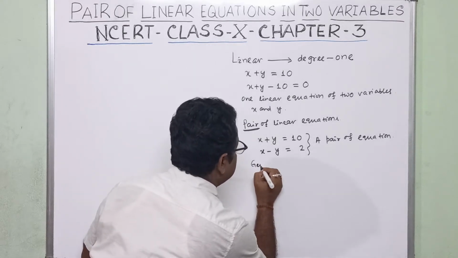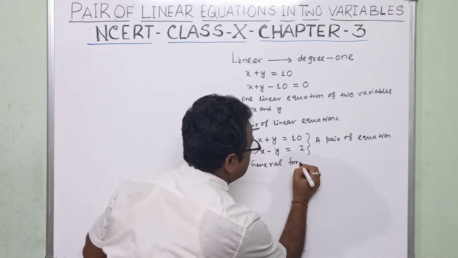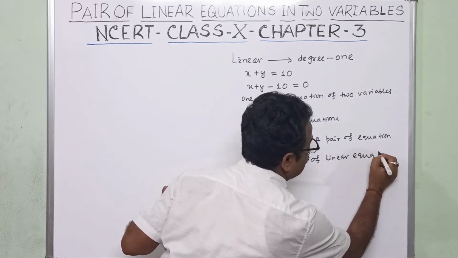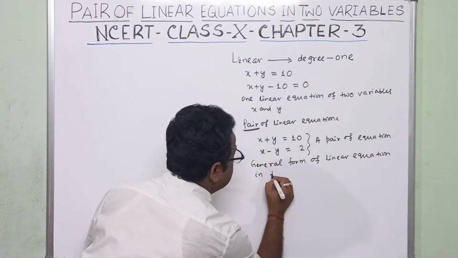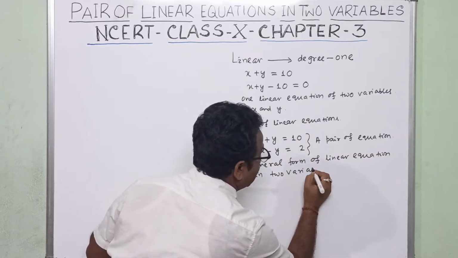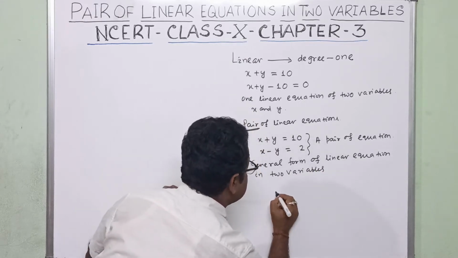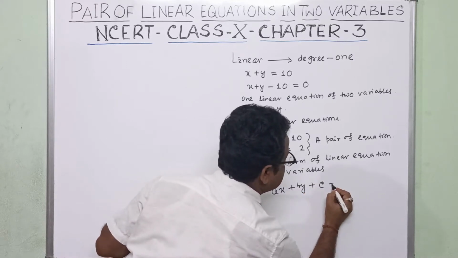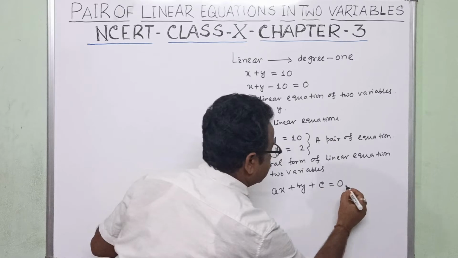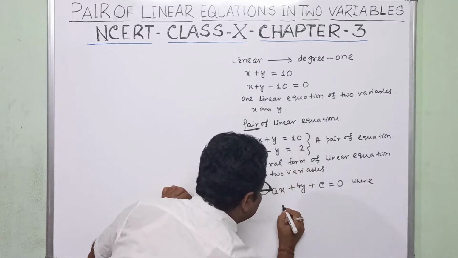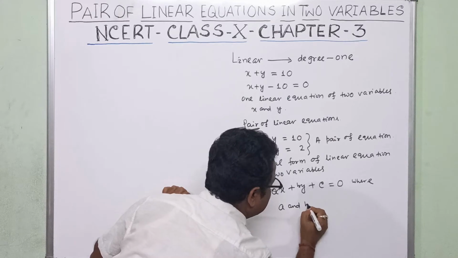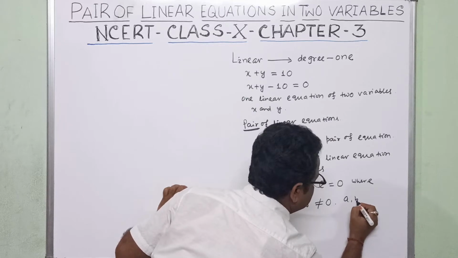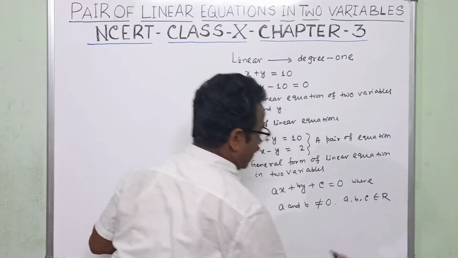So the general form of linear equation in two variables is ax plus by plus c is equal to 0, where a and b are not equal to 0. a, b, c belong to the set of real numbers.